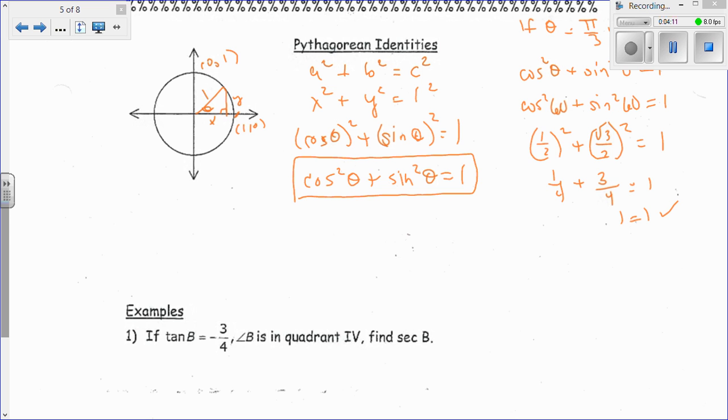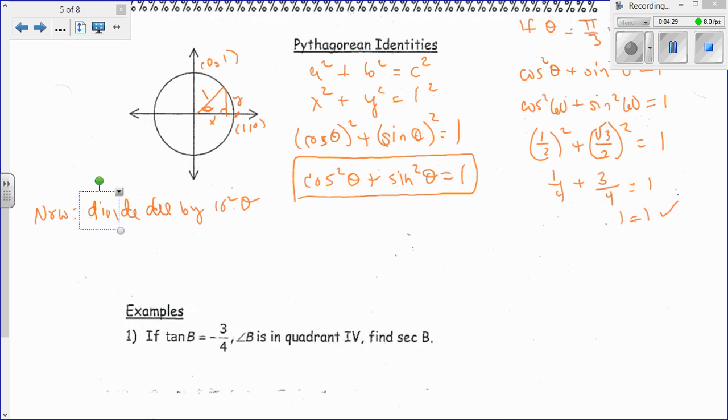So first I'm going to divide all by cosine squared theta.